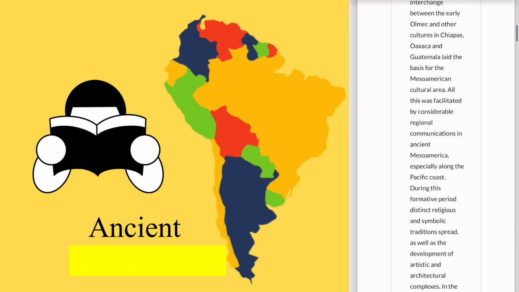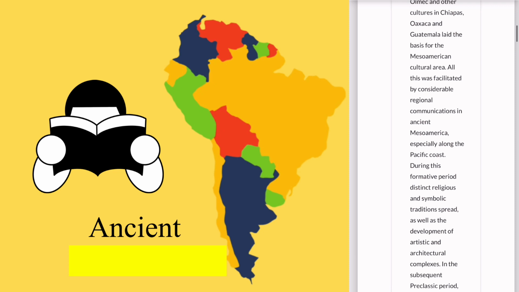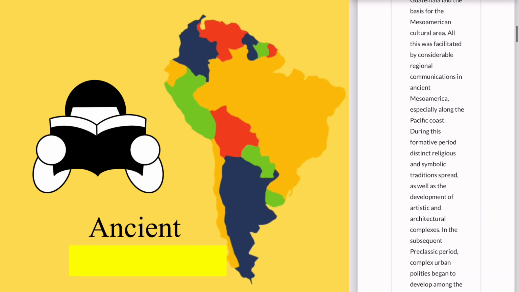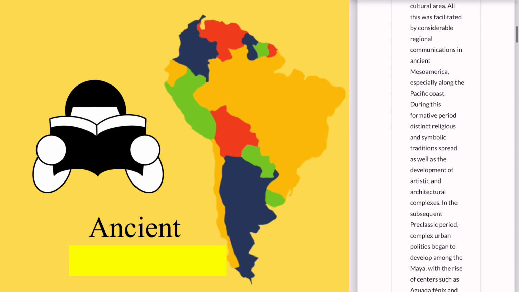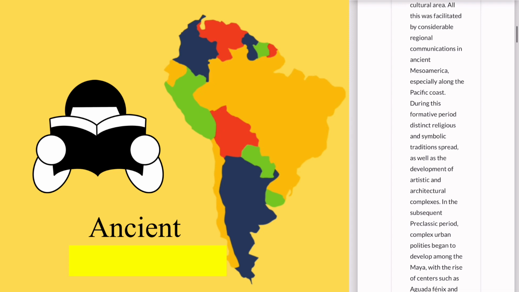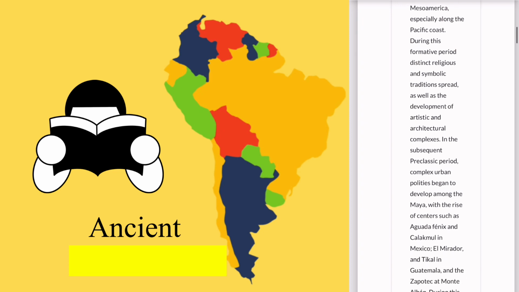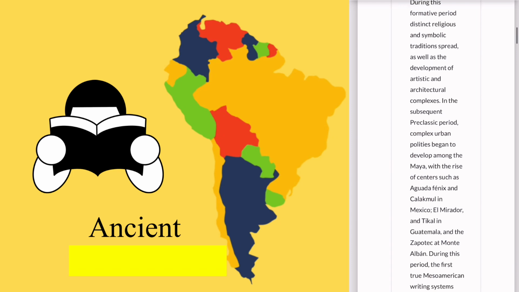In the subsequent pre-classic period, complex urban polities began to develop among the Maya, with the rise of centers such as Aguada Fénix and Calakmul in Mexico, El Mirador and Tikal in Guatemala, and the Zapotec at Monte Alban. During this period, the first true Mesoamerican writing systems were developed in the Epi-Olmec and the Zapotec cultures.